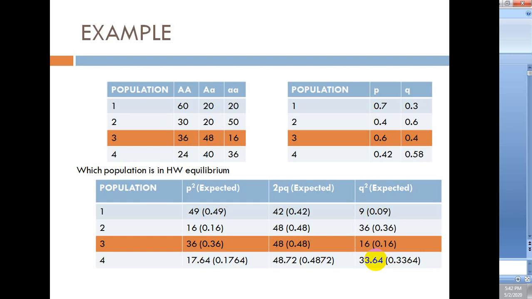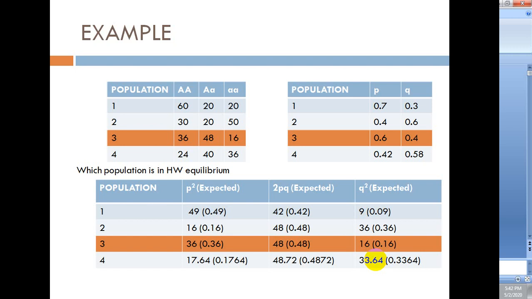Now what is the benefit of knowing whether a population is in equilibrium or not? We know that disturbing forces like migration, gene flow, selection, mutation, genetic drift and the founder effect are all happening in nature. Then what is the benefit of calculating the genotype frequency or allelic frequency?